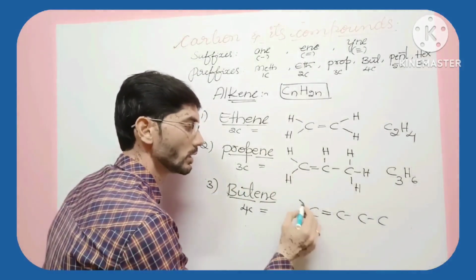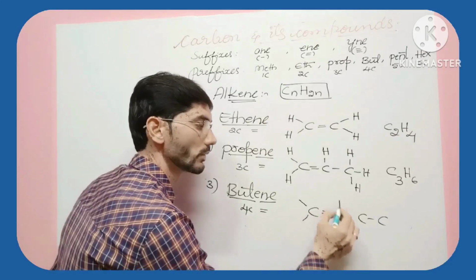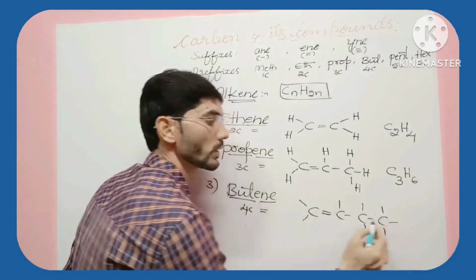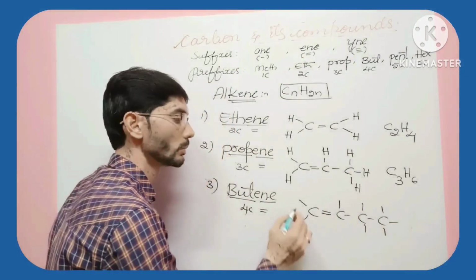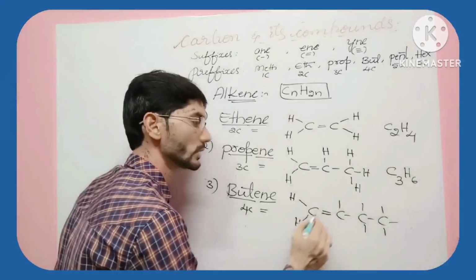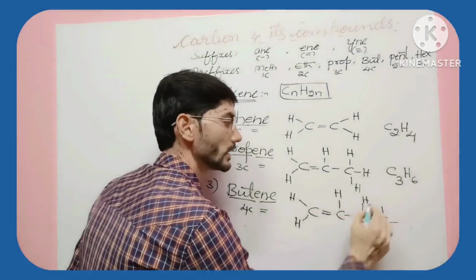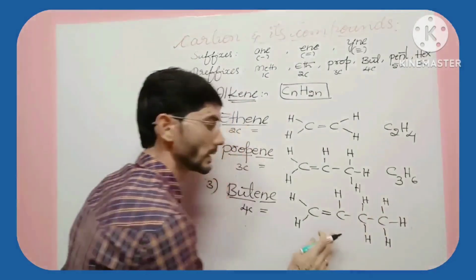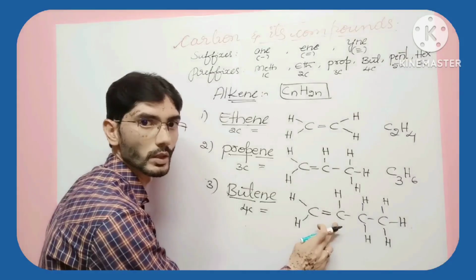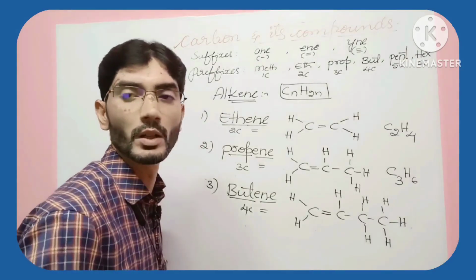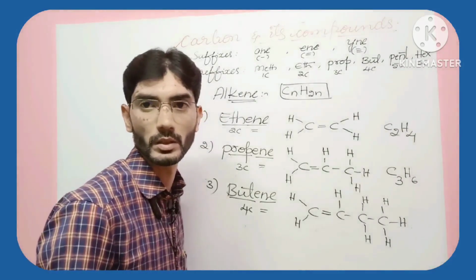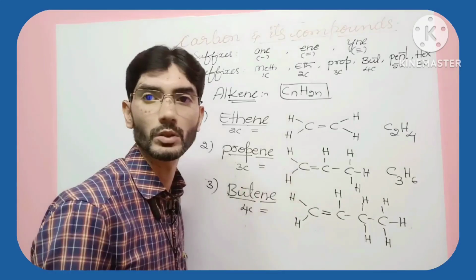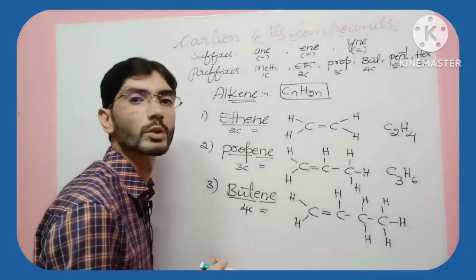Now tetravalency, 1, 2, 3, 4 for each carbon. And now H, H, H, H, H, H, H, H. Here, observe, students: a few students will put H up and down, as teachers do, and they will also make the mistake.